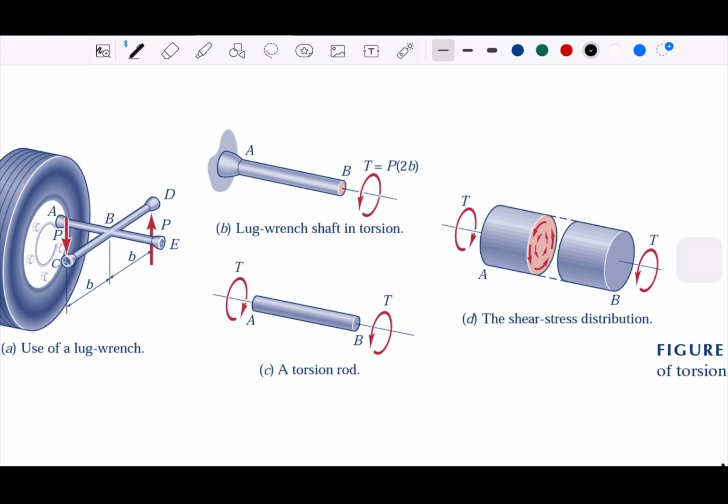And that is one section on this torsion: to find out how much the angle will be twisted. The twisted angle, we will cover after these introductions.